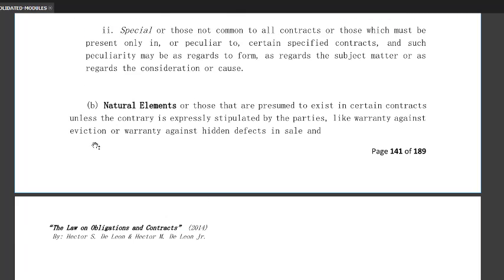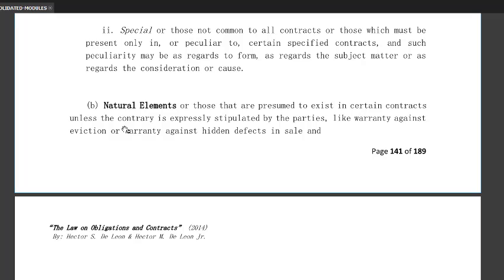Then, we also have what we call natural elements. What are natural elements? These are the elements of a contract that, even though not expressly stipulated or stated in the contract, are presumed to exist in certain contracts. Let's say, for example, a contract of sale.